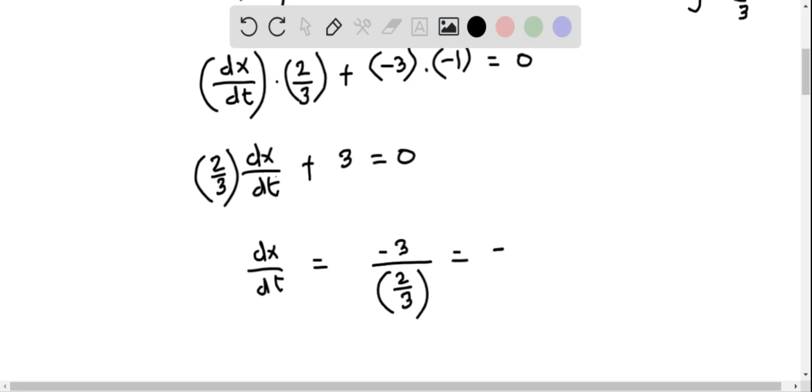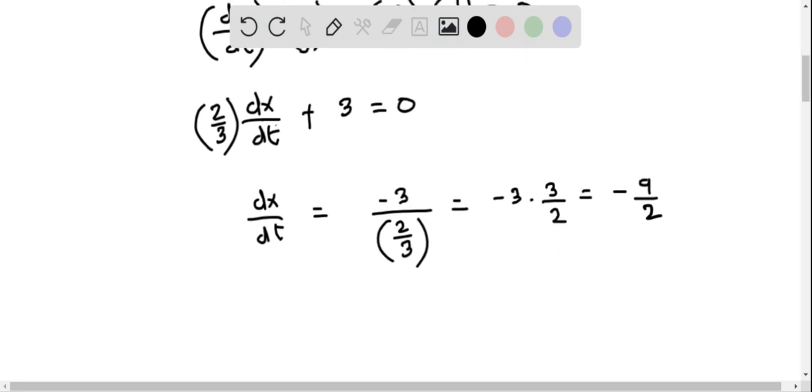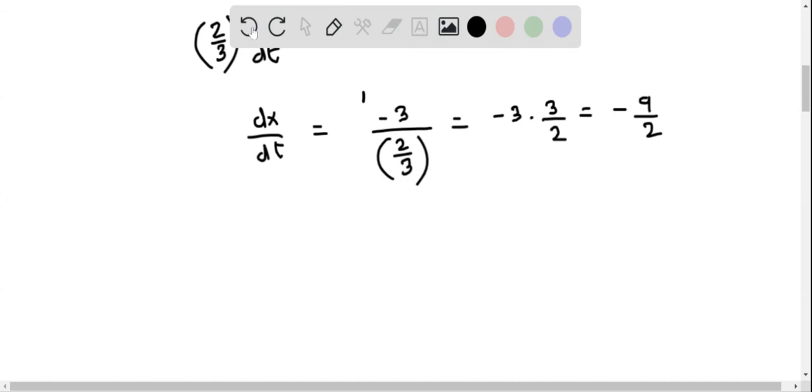And this equals negative 3 multiplied with the reciprocal of the denominator fraction, which is 3 halves, and this equals negative 9 halves. So we found dx over dt equals negative 9 halves.